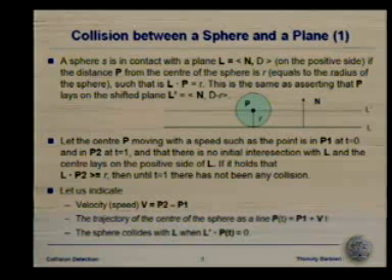Of course, N should be of unit length. Otherwise, this doesn't work. You see? So it actually means take P and go down of R in the opposite direction of the normal. This is what the equation means. In order for this to work, you have to take care that this n is pure direction. To be pure direction, it means that you have to be careful that the norm of n is 1.